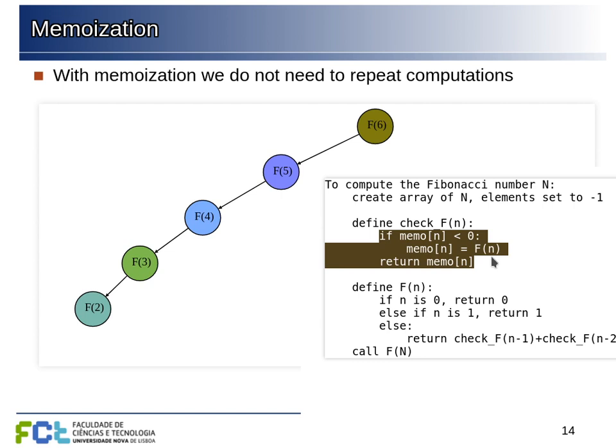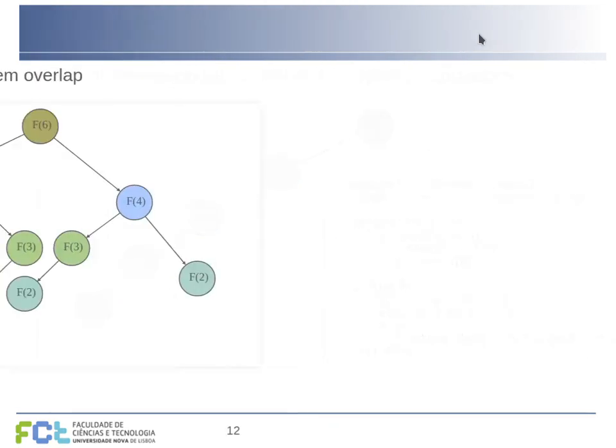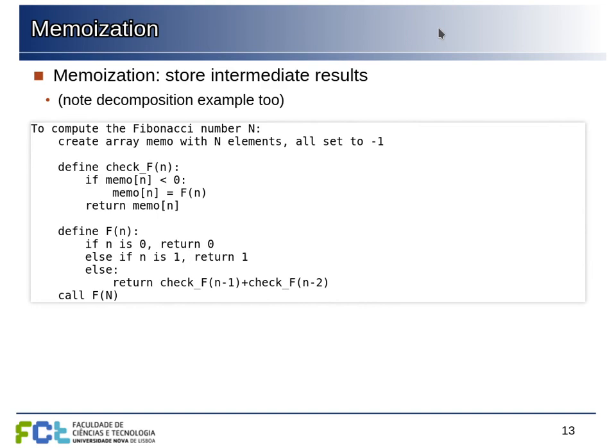All of these will be stored in the array. But then when we need to call again 4 on this other branch, we don't actually need to compute, because this check function will find it in the array and just return the value that was previously computed. So we avoid all these repetitions, and we only compute each of these Fibonacci numbers once. We don't have to do it twice, 3 times, and so on.